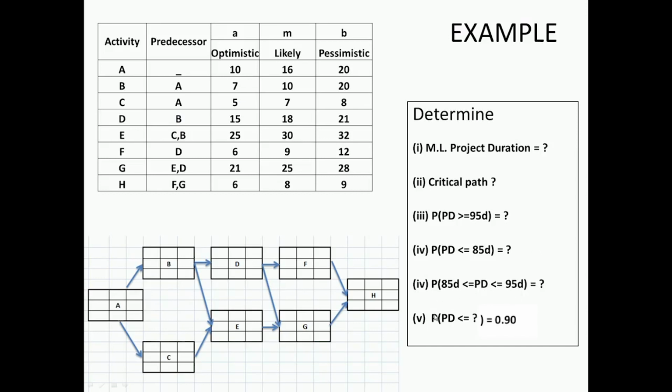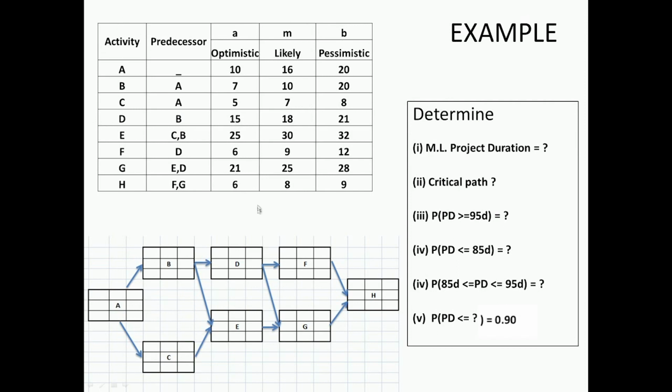Or, given that my probability is 90%, what is the duration I should finish my project at with 90% probability? So all of these types of questions can be asked from your basic PERT data.